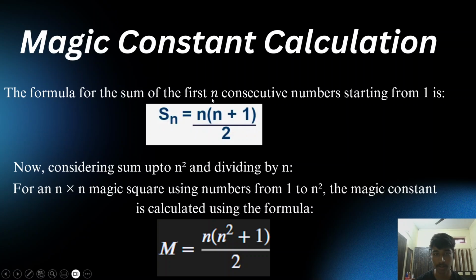So here, considering n as the index, we place n squared in place of it. So the sum will be n squared times n squared plus 1 by 2, and we divide it by n as there are n rows. So for an n cross n magic square, the magic constant is n times n squared plus 1 by 2.